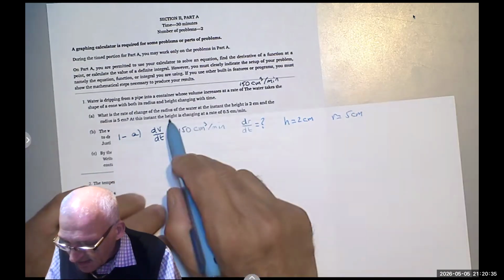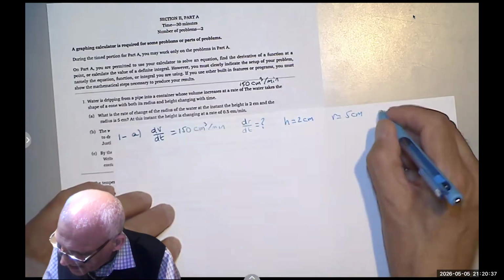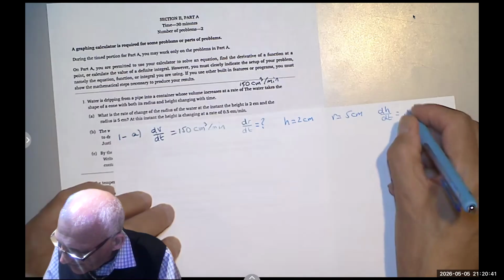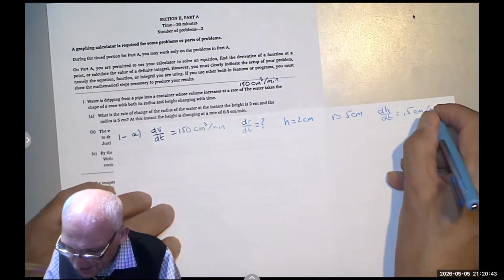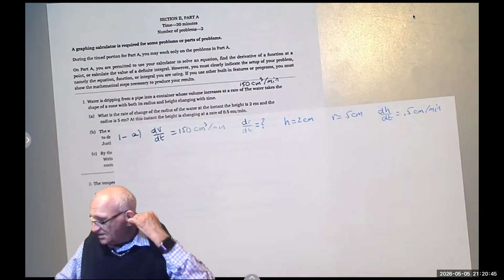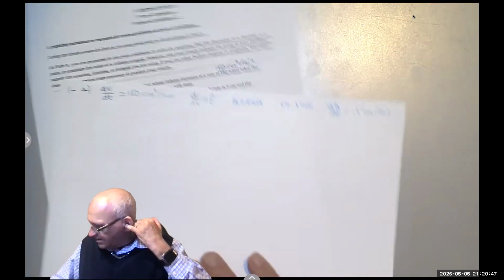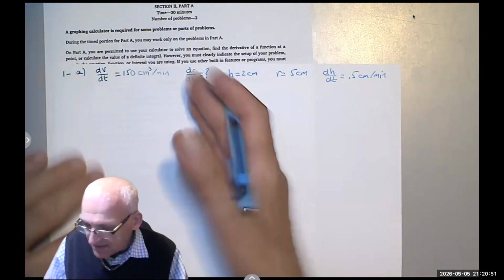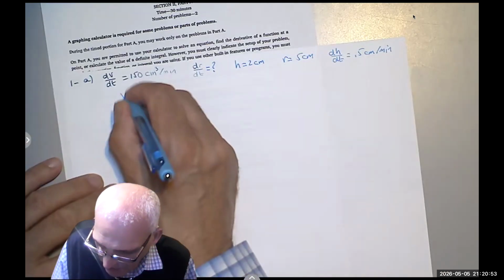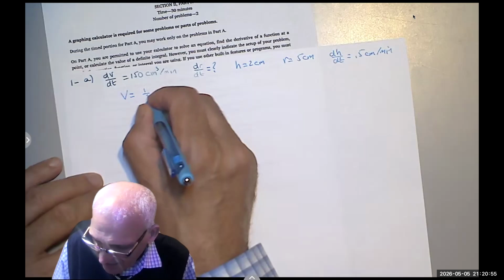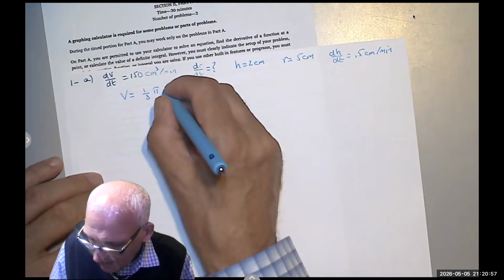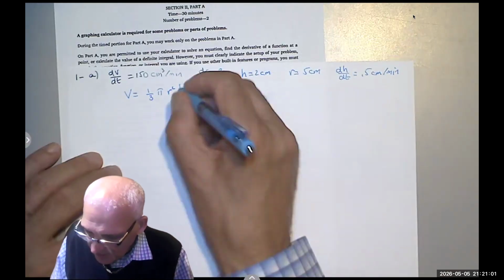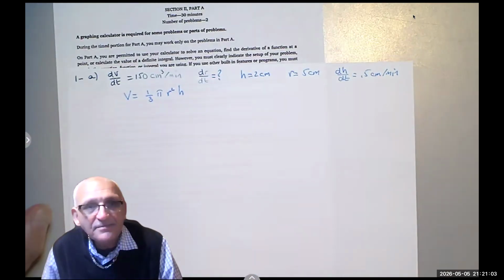At this instant, the height is changing, so dh/dt is at a rate of 0.5 centimeters per minute, and we want dr/dt. You need to write the volume in terms of the radius and the height. I know the volume of a cone is 1/3 pi r squared h, right? 1/3 the area of the base times the height.